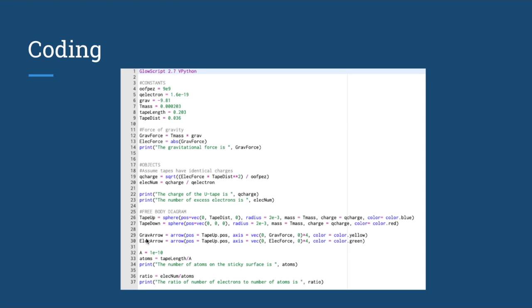For the gravity arrow, it's just at the position of the top tape and pointing downward. And then the electrostatic arrow points upward because they're equal and opposite. Then to find the number of atoms, I did tape length divided by the atom constant to find the atoms on the sticky surface. And then for the ratio, I just did the electron number over the number of atoms.